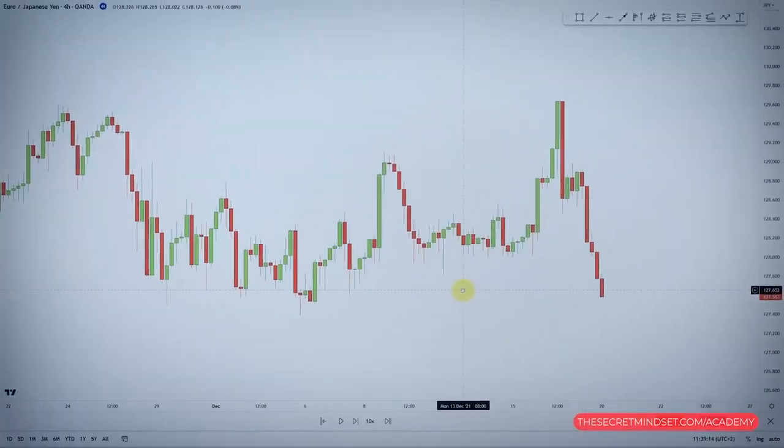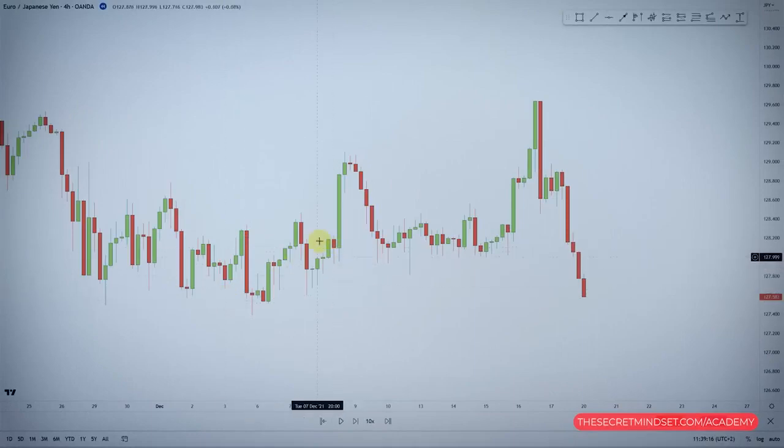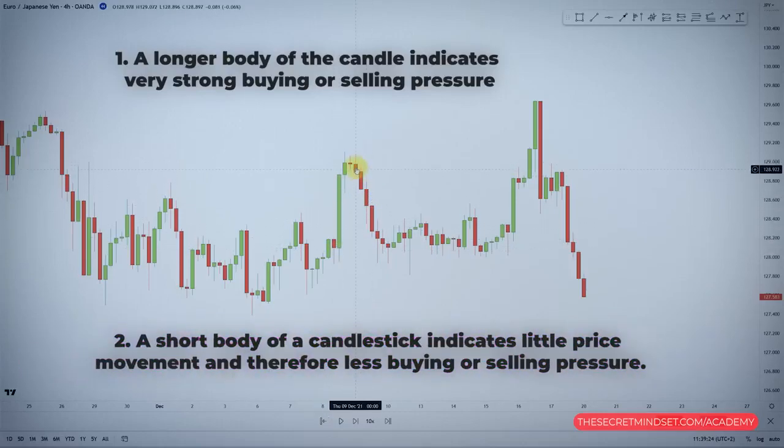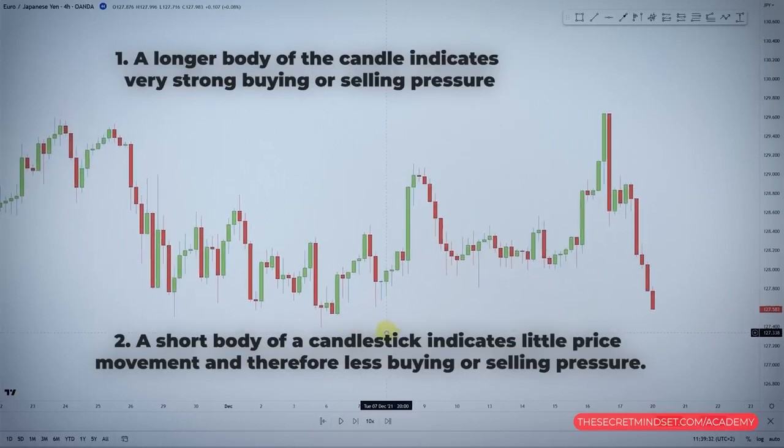And what about the length of the body of the candlesticks? A longer body of the candle indicates very strong buying or selling pressure. A short body of a candlestick indicates little price movement and therefore less buying or selling pressure. Sometimes the candles will have no upper or lower shadows, but with very long bodies.